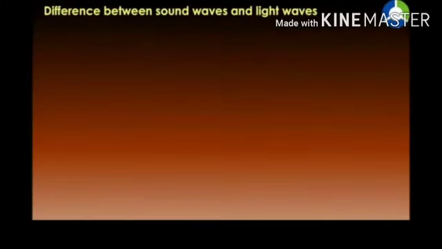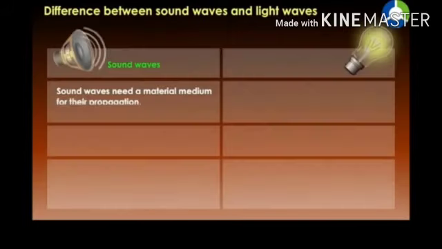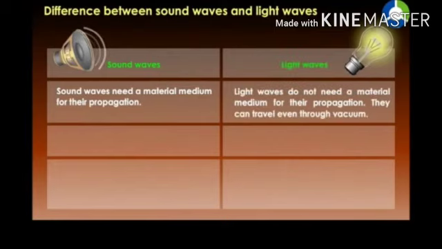Difference between sound wave and light wave. Sound waves need a material medium for their propagation. Sound waves only travel in air, water or solid substances. Light waves do not need any material medium for their propagation.